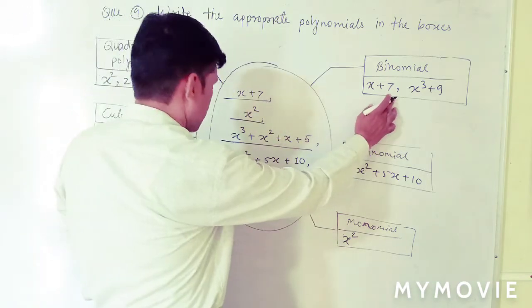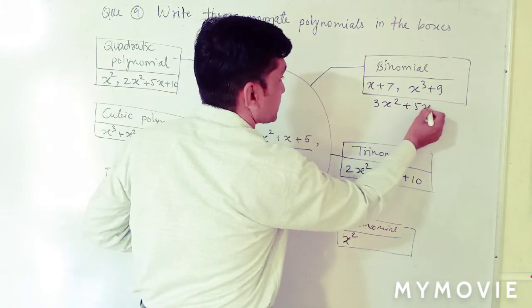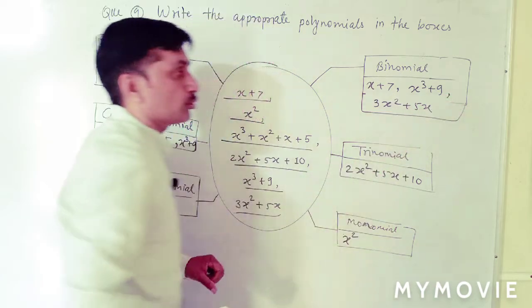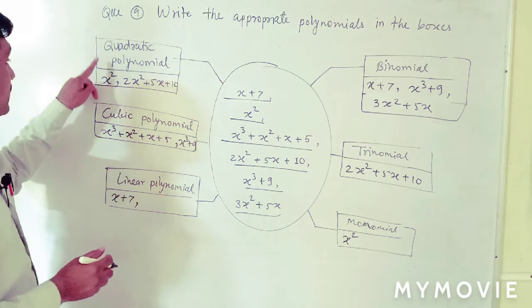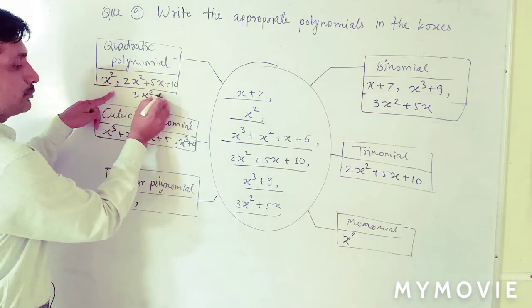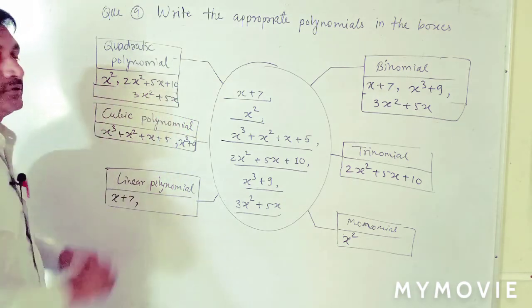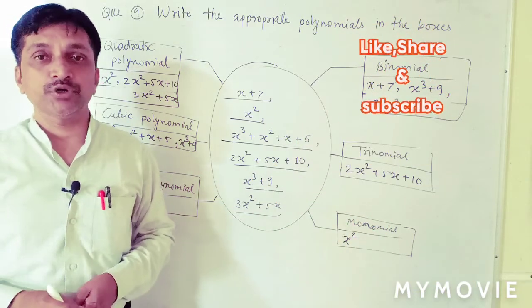Binomial, again it will come here. 3x square plus 5x. What is the degree? 2. Degree 2 means quadratic. Quadratic, then it will come here. 3x square plus 5x. In this way, we completed the activity and practice set 3.1 also.